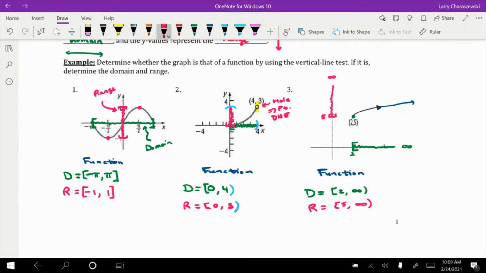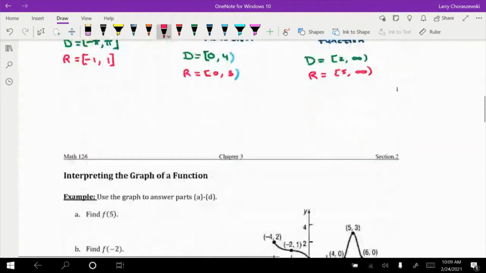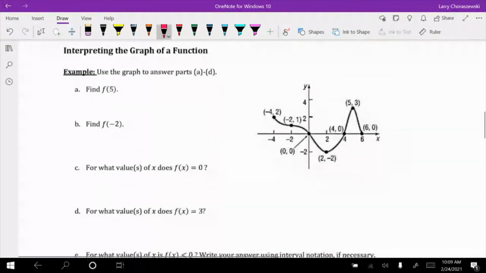Alrighty, folks, welcome back. Let's get ready to polish off the section of notes. So in our next example, as I was mentioning right before the break, we're going to be looking at a variety of function notations.